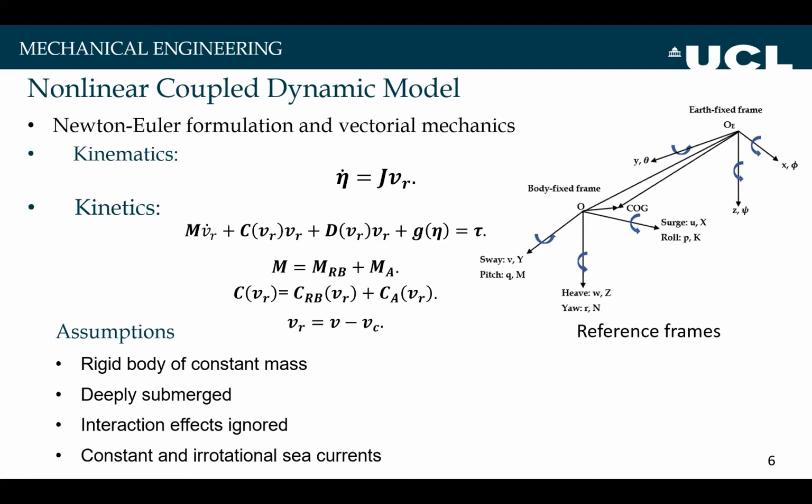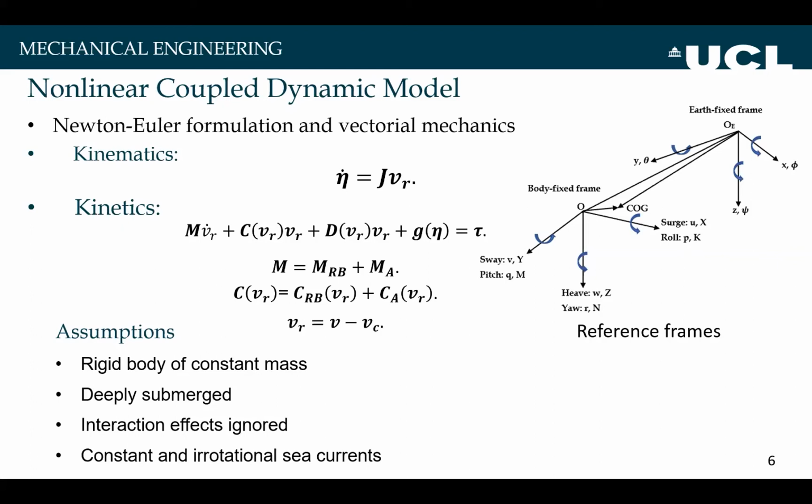And the Coriolis forces are the summation of the rigid body Coriolis and the added mass Coriolis forces. V_r is used because in this paper I looked into the sea current effect, which will affect the overall velocity of the system, and the velocity which will be looked into is the relative velocity, that is the difference between the actual and the sea current velocity.